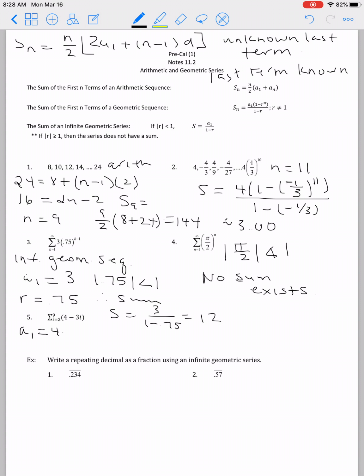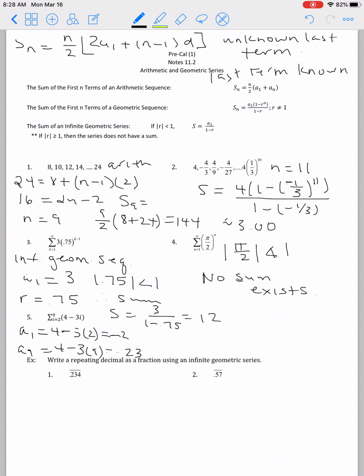Actually, we're not plugging in 1, we're plugging in our first value, which is a 2, and that's negative 2. And then we're finding the last term, which is 9, and 4 minus 3 times 9 is negative 23.